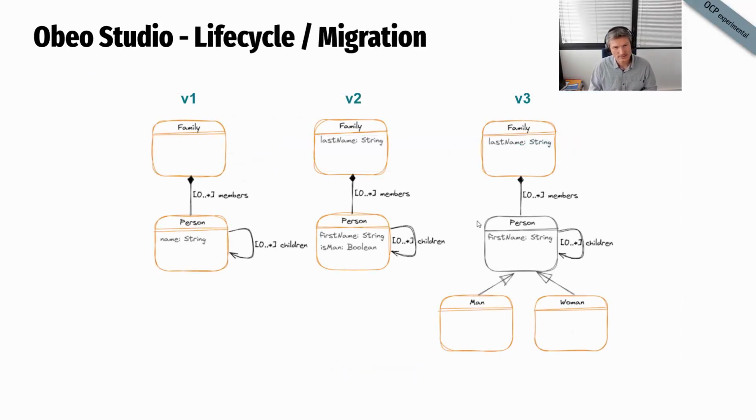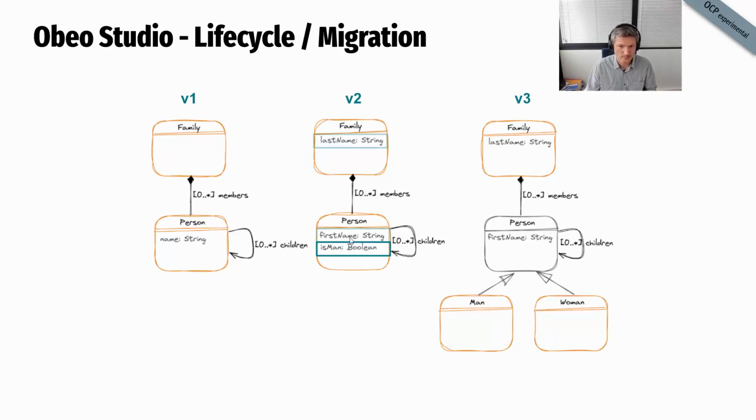And when you are doing this, we provide something which is a long-standing request from users: managing the migrations of the domain models. Let's take an example of a simple model going from V1 to V2. I will just add a new attribute, isMan. In this situation, the migration is just transparent because you only add something to your metamodels.